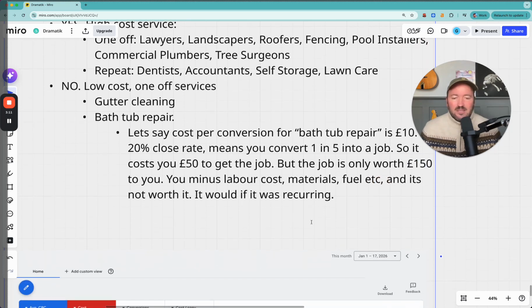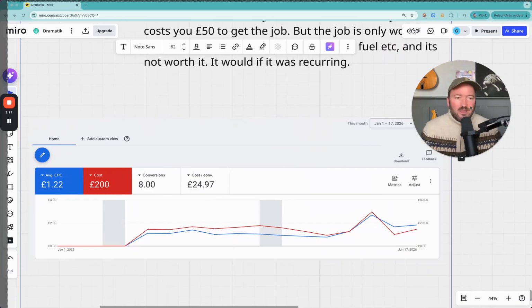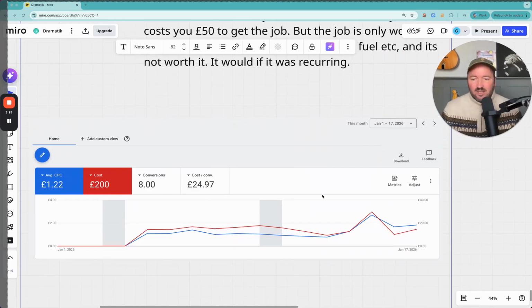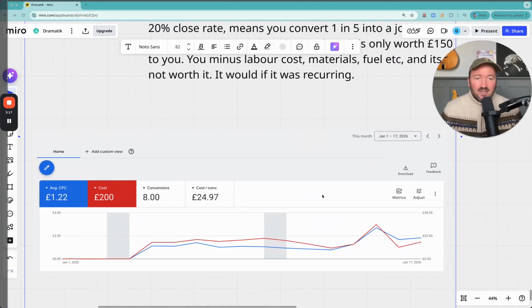Now here's an example of a campaign that we ran recently. This is an example of one where it does stack up, because over the period of just 2 weeks, we got 8 conversions. Each conversion is worth £25.